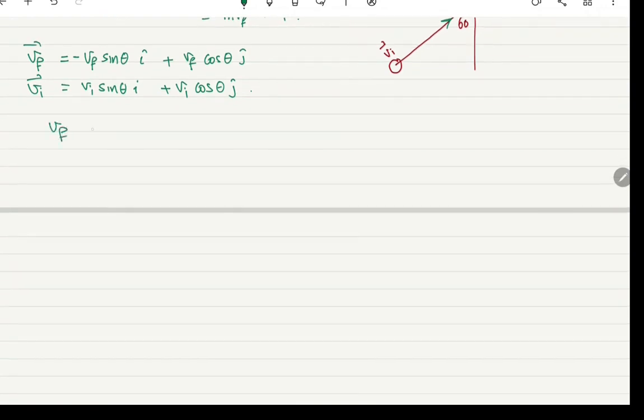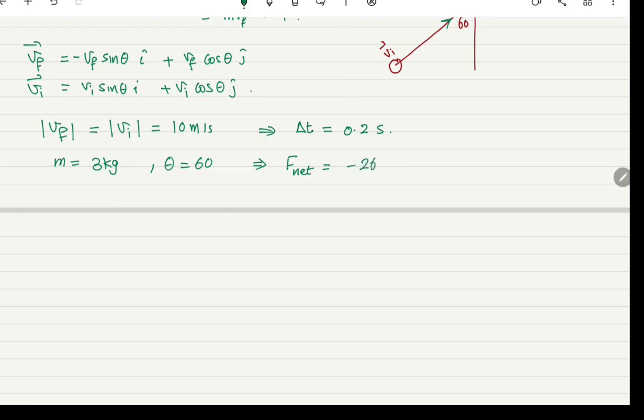V final has the same magnitude as the initial, which equals 10 meters per second, and the contact time is 0.2 seconds. The mass equals 3 kilograms, theta equals 60. Pull everything together and you will get F net equals minus 260 i hat newtons.